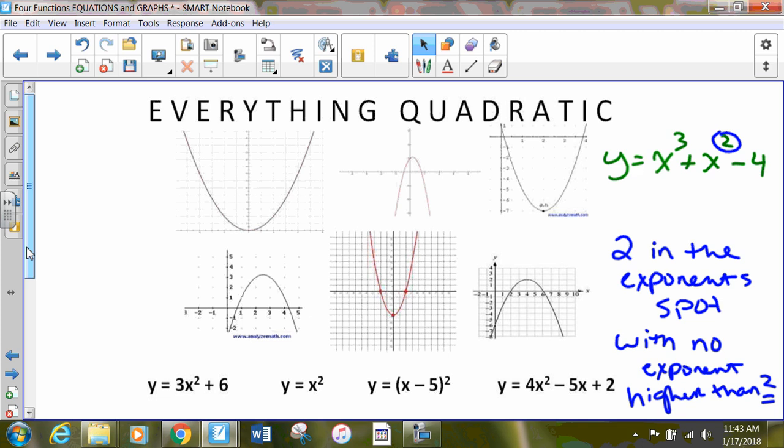You'll see a 2 in the exponent spot. And 2 has to be the highest exponent that you see, otherwise it's not a quadratic. I also want you to notice that you could just have y equals x squared all alone, or x squared can have company here and here. But the most important thing is we see that square. We see that power of 2.